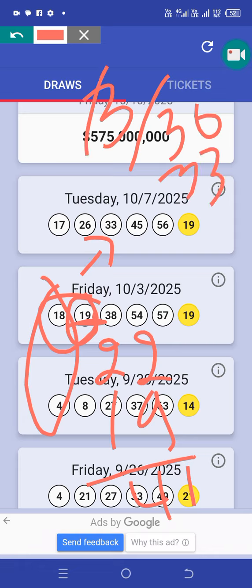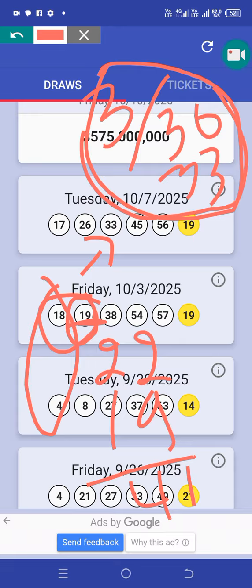This is how they spin these numbers on Mega Millions Lotto. Every lotto which has 5 numbers out of a set, they spin the numbers like this. 3, 30, 33 is a spinning of each other. That's why 33 came. So we were expecting a 41 as well.